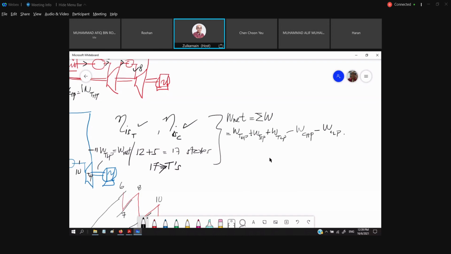Then we know that the turbine high pressure is running the compressor high pressure. The turbine intermediate pressure is running the compressor low pressure. So at last, W net is equal to W turbine low pressure. It's what we have right here.